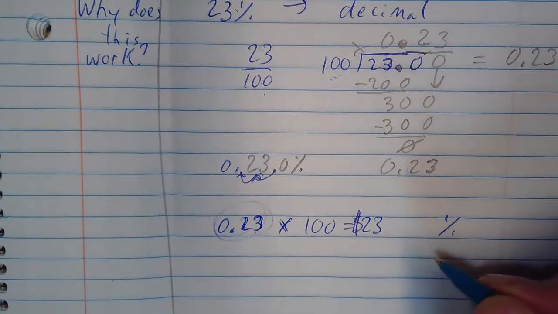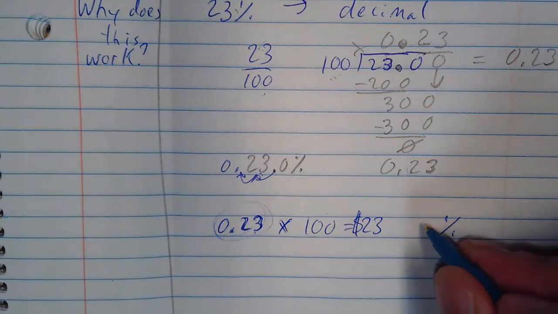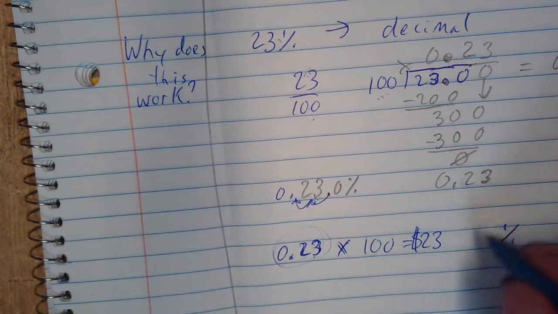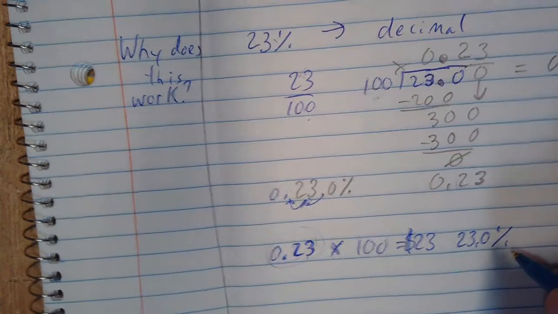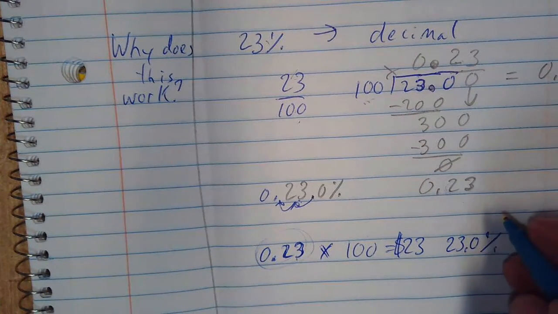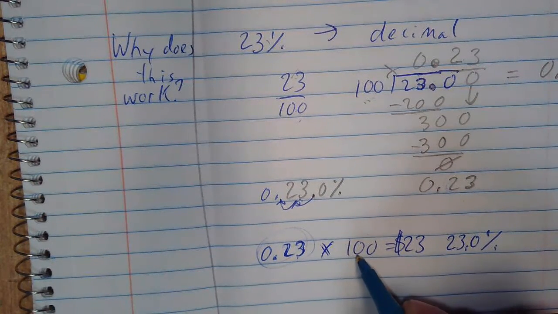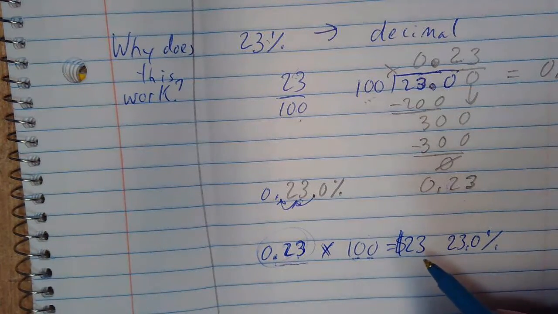That gives me $23. 23 whole dollars would be the same as 23.0%. Okay? I'm hoping this makes sense. But if you see, since you want more, you're multiplying, you move it 2 place values to the right. That's what's really going on.